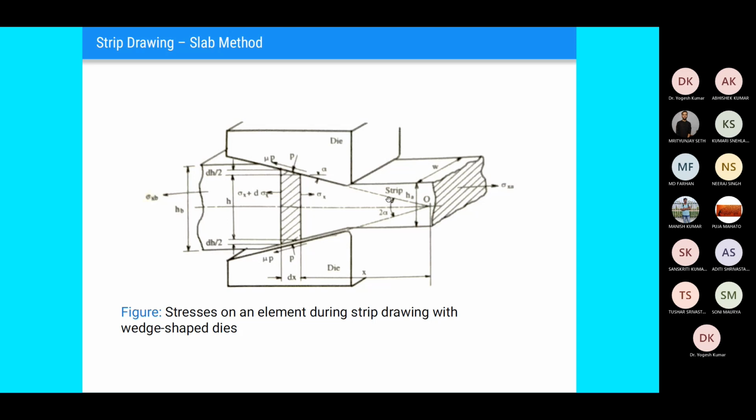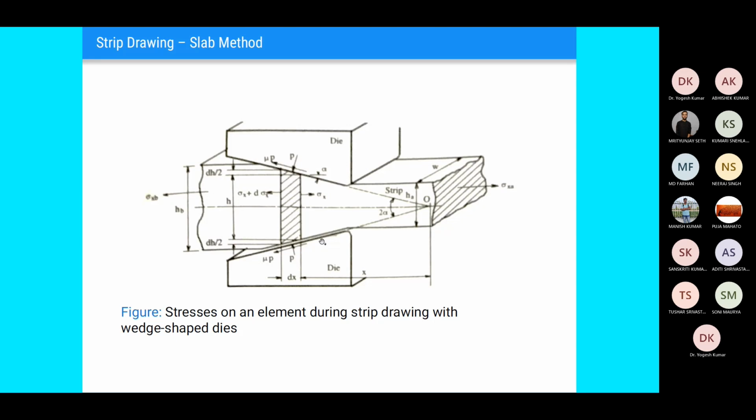As I have told, those who have seen the recorded lecture might be aware that during the slab method, we are converting your strip or the component under the action of forces, which is under plastic deformation, into slabs.